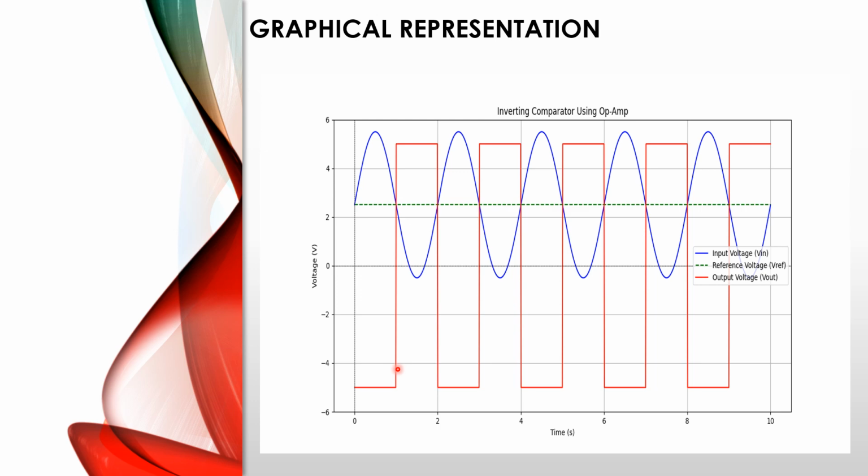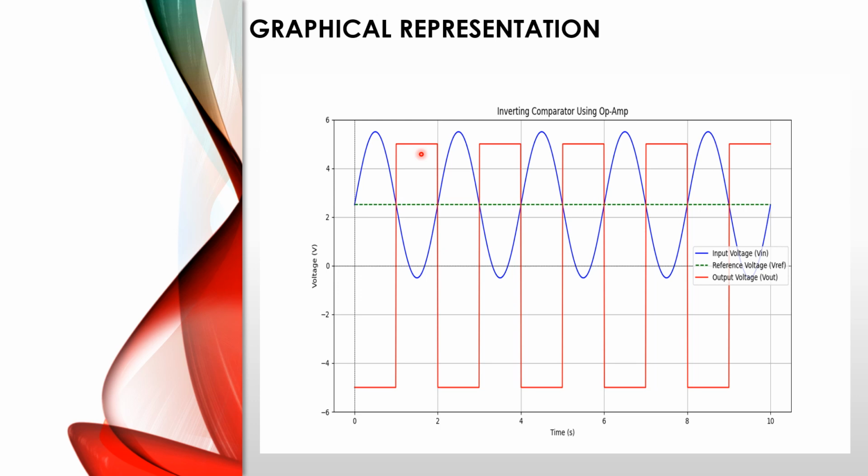And in this half cycle, when V in is less than V reference, we get the positive output, that means plus VCC, on the positive axis. How long will this situation occur? As long as V in is less than V reference.